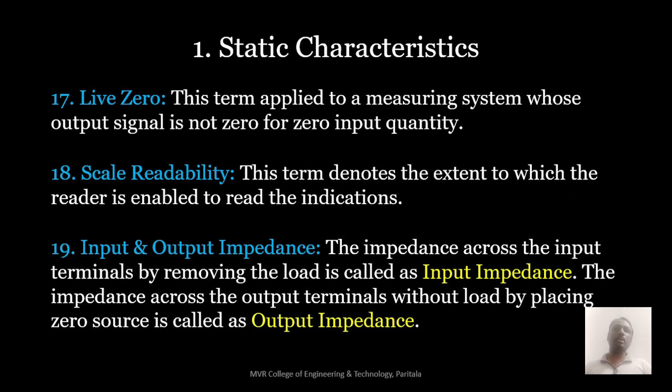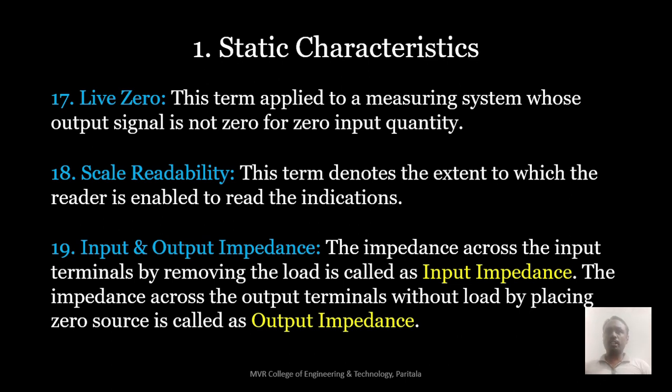So you need to collect the impedance at the output terminals by removing the load and by making the source zero. By these conditions you can calculate the impedance across the output. Such impedance can be called output impedance.